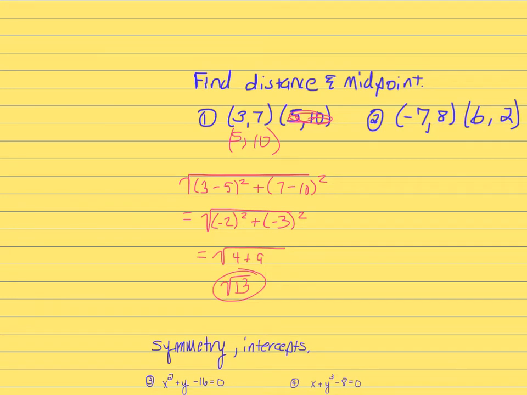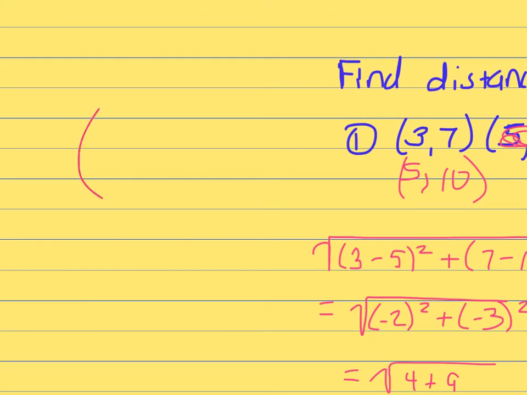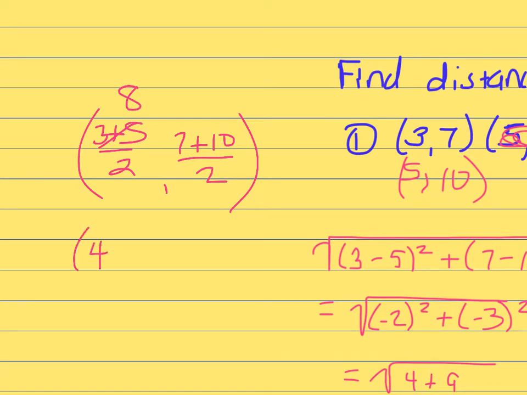How do we find the midpoint? Add what? Add the x's, divide by 2, so 3 plus 5, divide by 2. And then what do I do with the y's? You add them, divide by 2. Remember, if you're finding the middle, you add, divide by 2. So 3 plus 5 is 8, and 8 divided by 2 is 4. 7 plus 10 is 17.